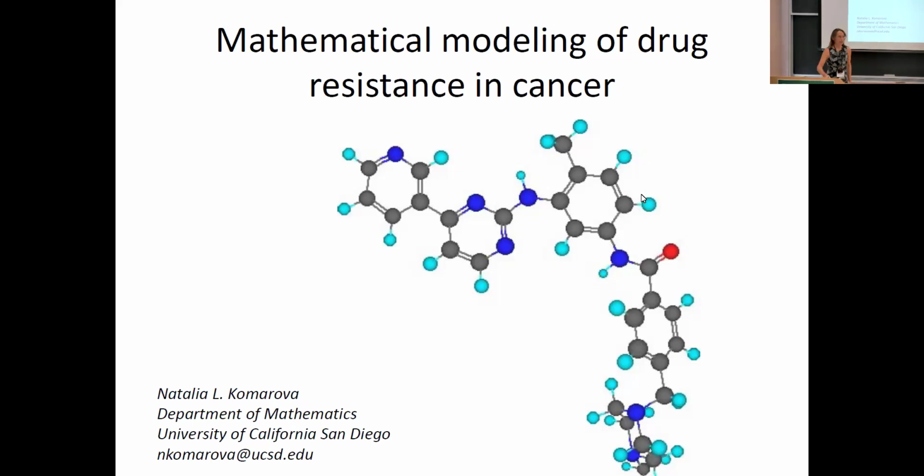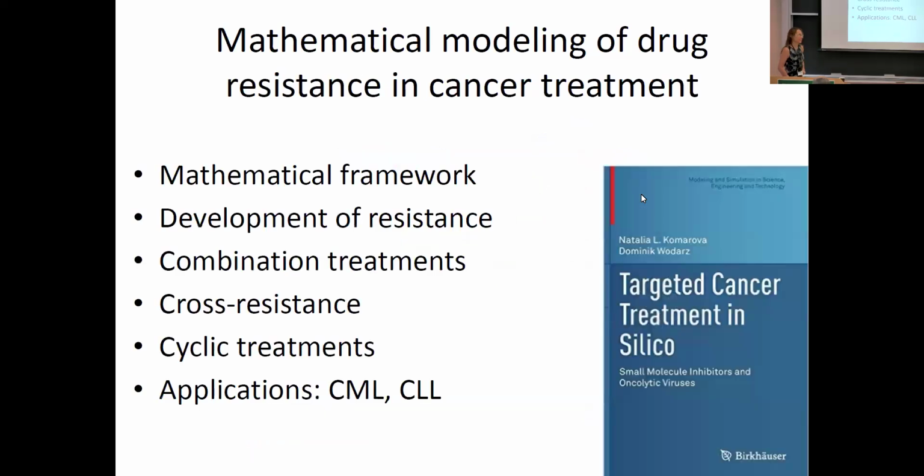Thank you very much. So today I will talk about mathematical modeling of drug resistance in cancer. Some of this stuff is a little bit older and appears in this book, but there'll also be some newer stuff, more applied. I will first talk about the specific type of resistance that we have been working on, familiarize you with some mathematical models, and how to approach this problem.